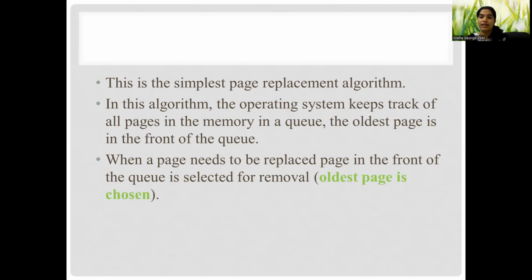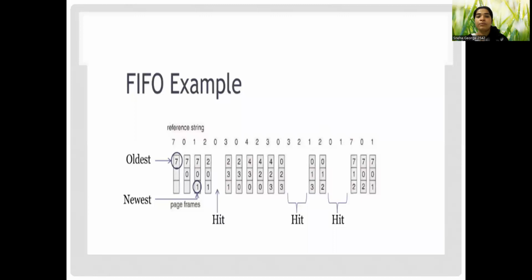In short, the oldest page will be chosen for replacement. Let us look at an example so that you understand more. This is a FIFO example. This is the reference string: 7 0 1 2 0 3 0.